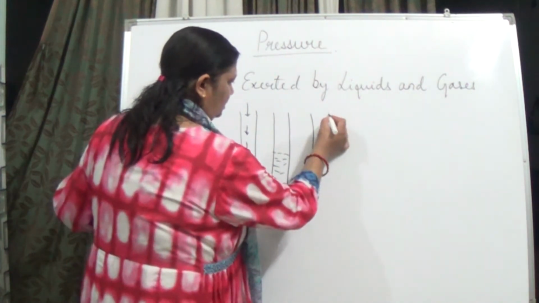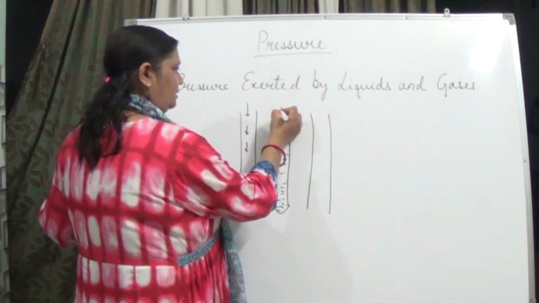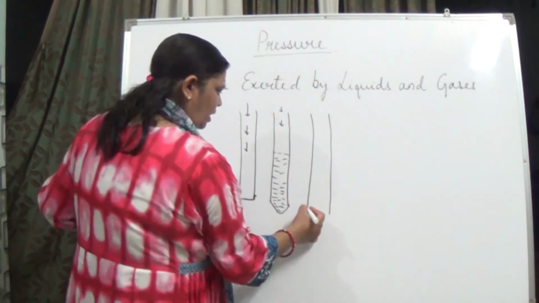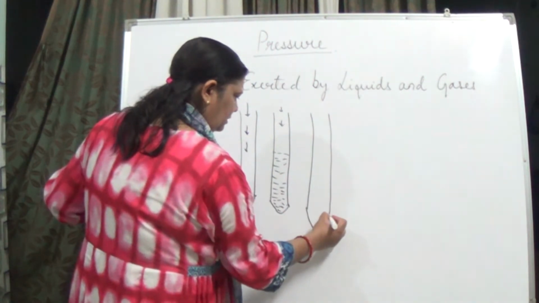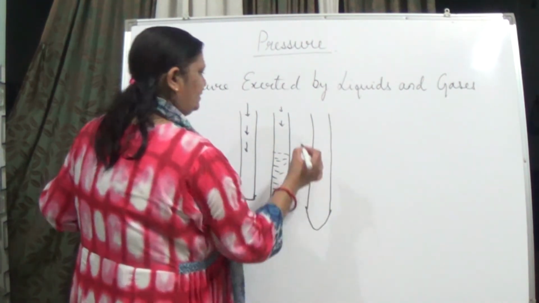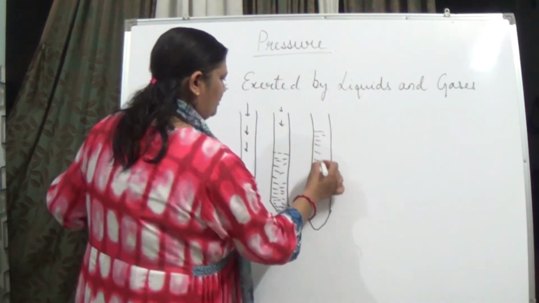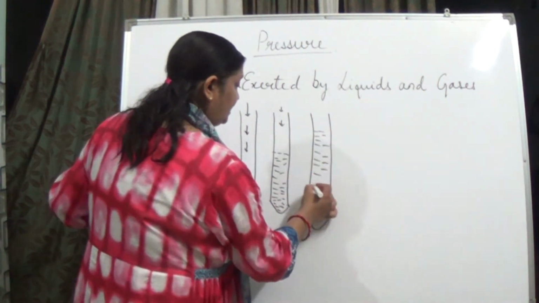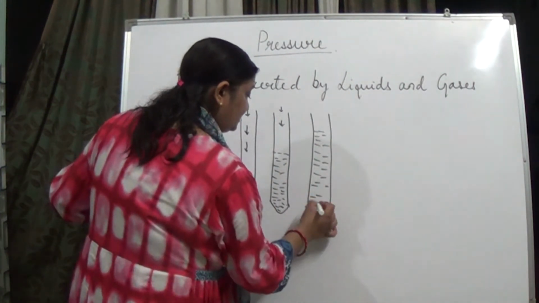Now you are adding more water to it. So what are you going to see over here, when a larger amount of water is added? Now this bulging has increased, isn't it?